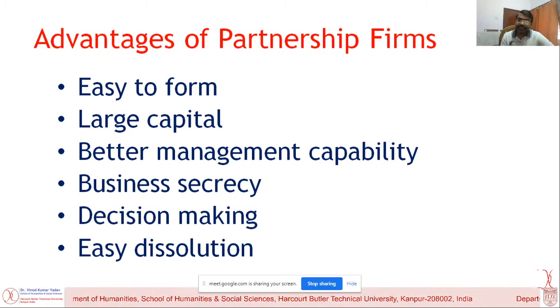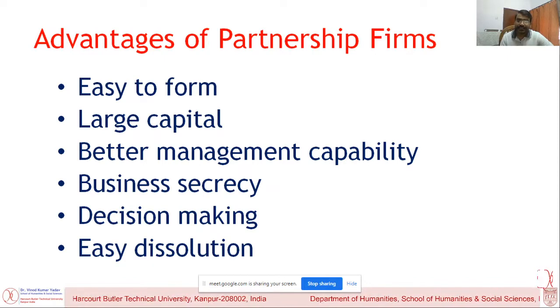Decision making becomes quite easy and helpful as compared to sole proprietorship, because in sole proprietorship only one person is there. In this one, all partners can sit together and decision making can be fast, quick and effective. So there is a difference in decision making vis-a-vis sole proprietorship.